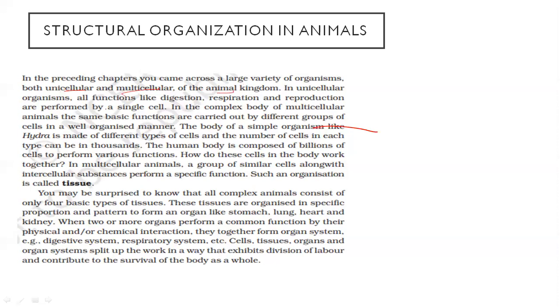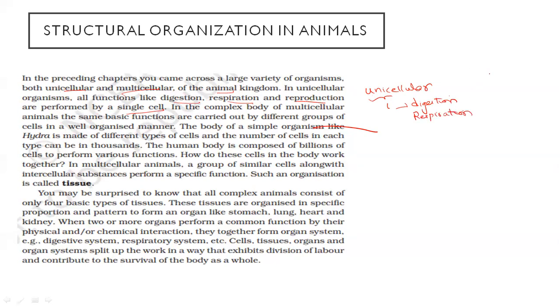In unicellular organisms, all functions like digestion, respiration, reproduction are performed by a single cell. So what happens in a unicellular organism is, by the name itself, uni means single. So one cell does all the functions. Let it be digestion, let it be respiration, let it be reproduction.